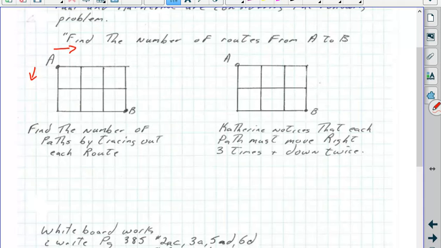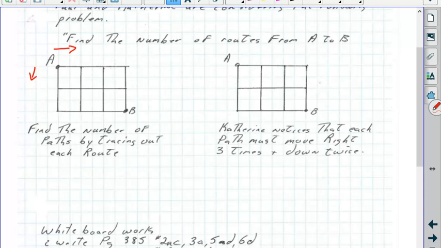However, each one of those pathways, I'm just going to pick one at random. Okay? This one here went right once, down twice, and then right twice more. Every one of those pathways has 2 moves down and 3 moves to the right.